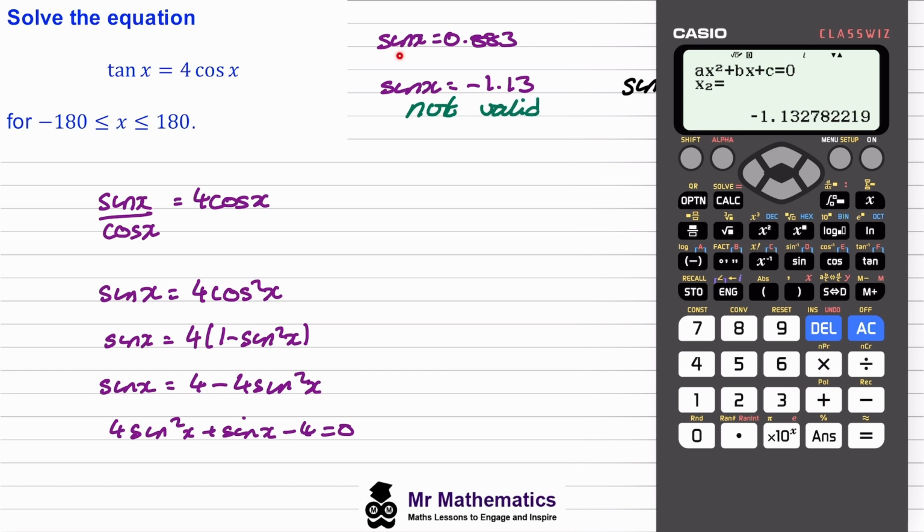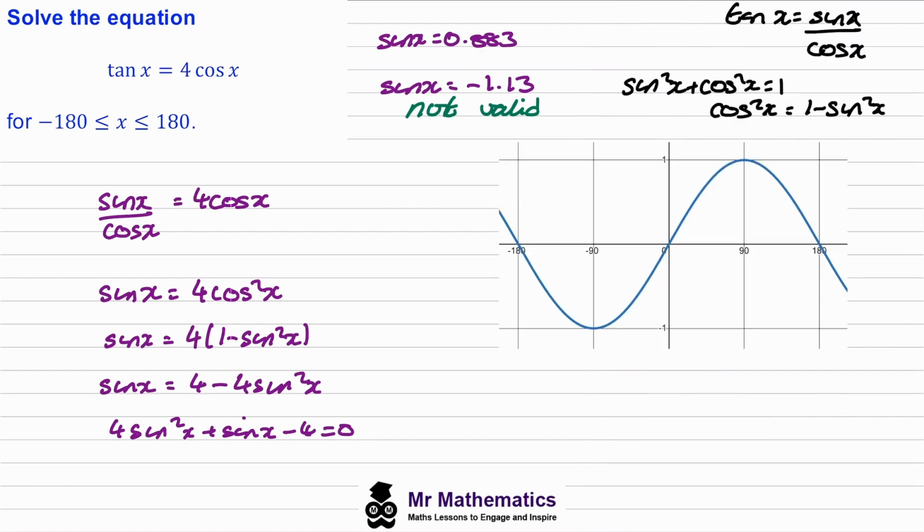So to find the solutions to this, we need to sketch the sine graph again. If we take the arc sine of both sides, then x will equal the arc sine of 0.883, which is 62 degrees, which will be about here on our sine graph.